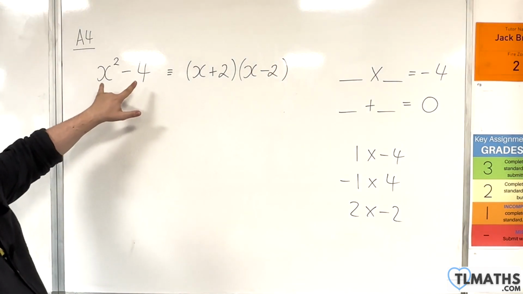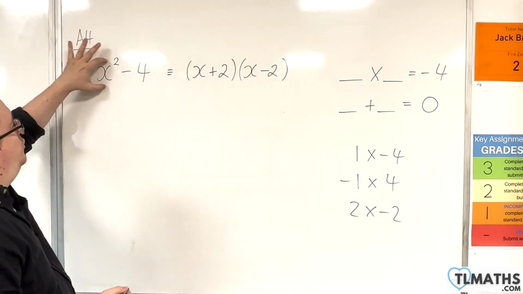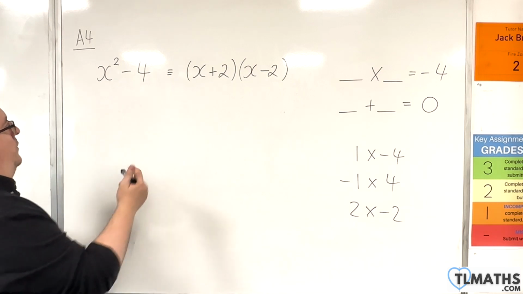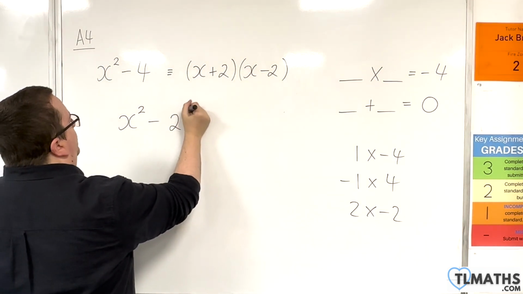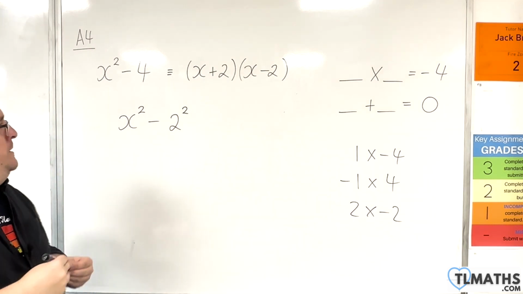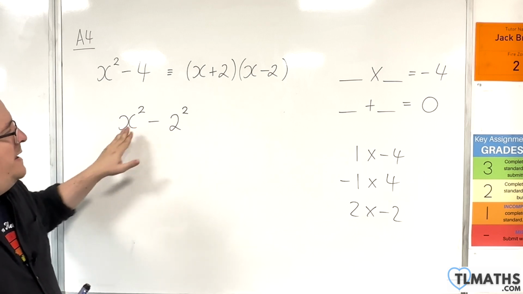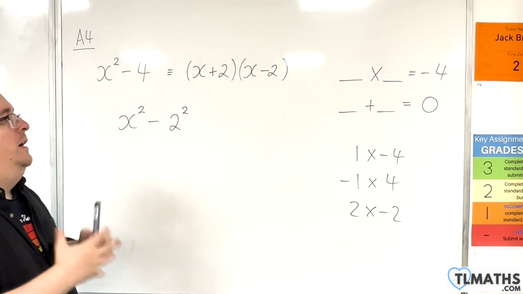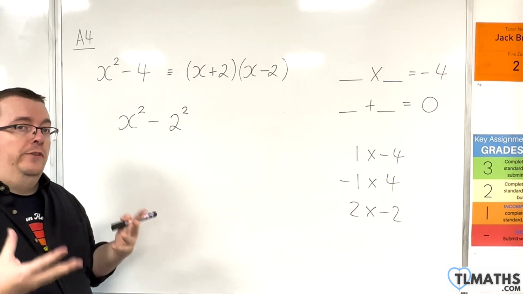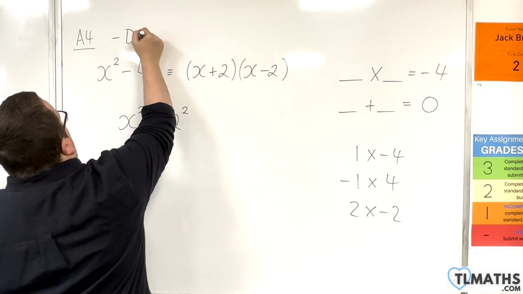Now we refer to this because you've got two squares here. So I could write this as x squared take away 2 squared. Because we've got two squares and we're subtracting, so we're finding the difference, we refer to it as the difference of two squares.